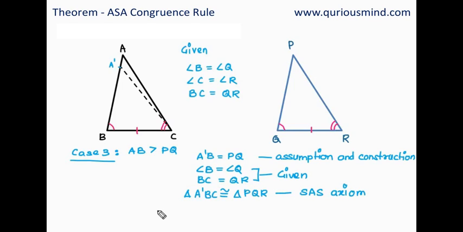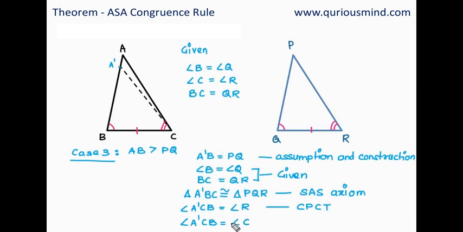Side, angle, side. Now, once we prove that they are congruent, their corresponding elements are also going to be equal. And that clearly indicates that angle A dash CB is equal to angle R, by CPCT. But here we see angle R is equal to angle C. That means angle A dash CB is equal to angle C, because angle R and C are the same.